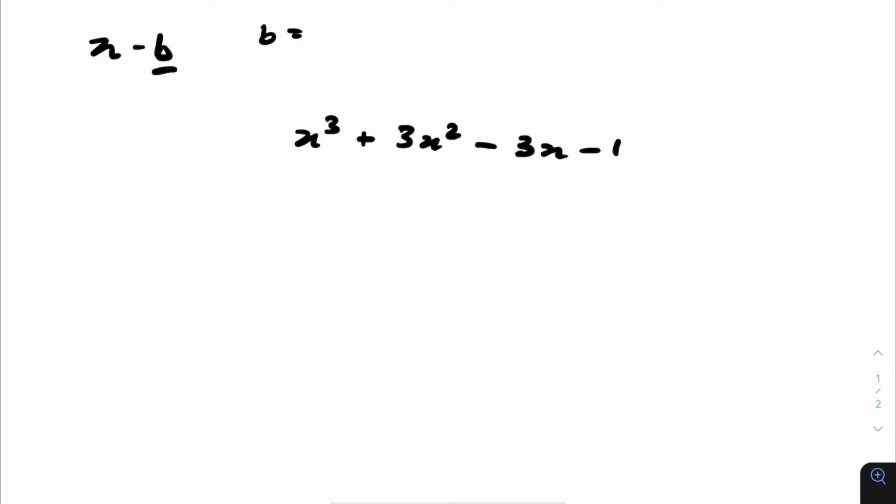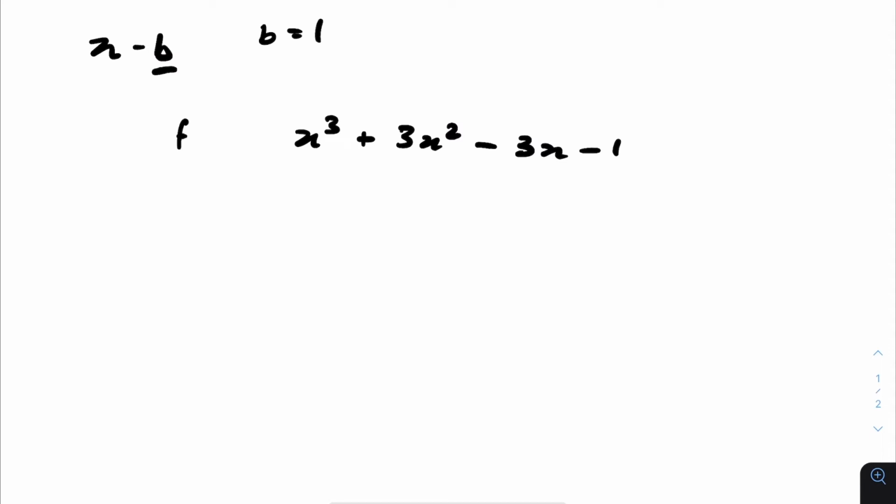So the factor theorem basically says that if b is inserted into the function and it turns out to be 0, then x minus b is a factor. So let's just say we had x cubed plus 3x squared minus 3x minus 1. Let's say we let b equal 1.